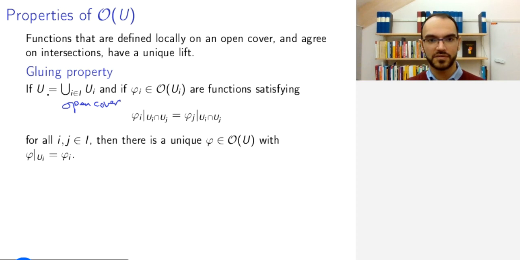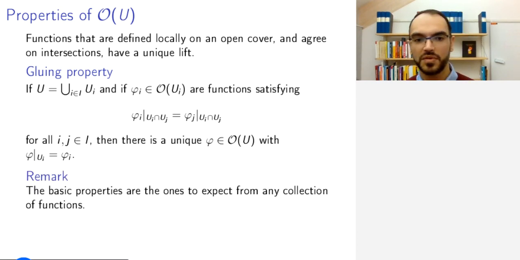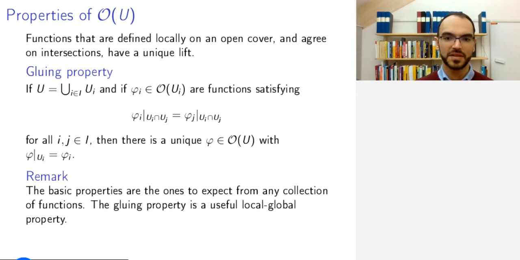So if you have an open cover of U and regular functions on the Ui that agree on intersections, then there is a unique regular function on the whole of U that restricts to these phi i. So the basic properties from the previous slide are ones you would expect the whole time whenever you are dealing with functions. But this local-global property, the gluing property, is something special.